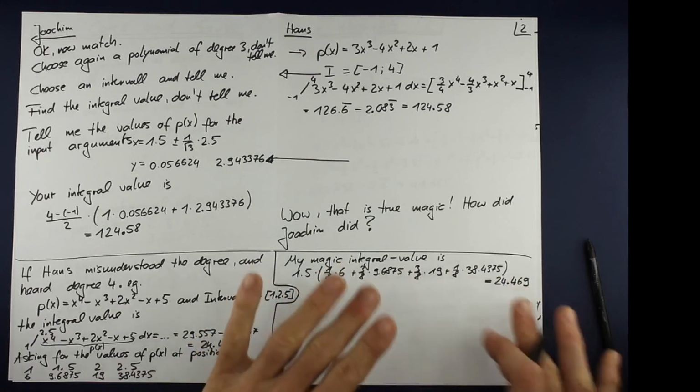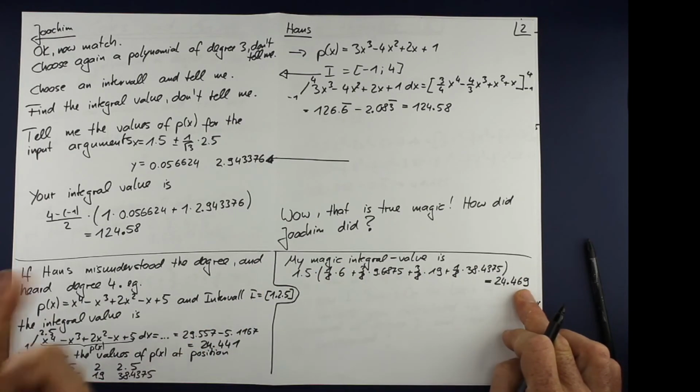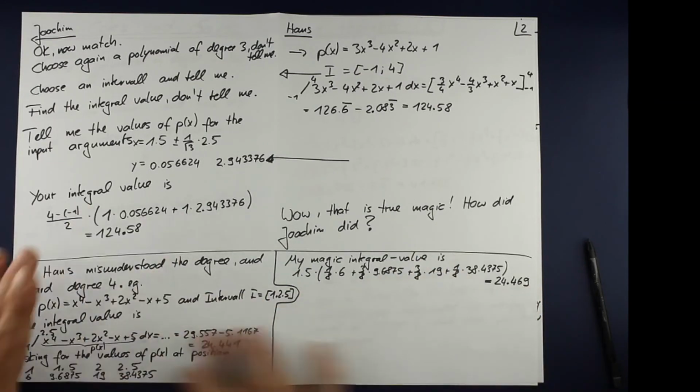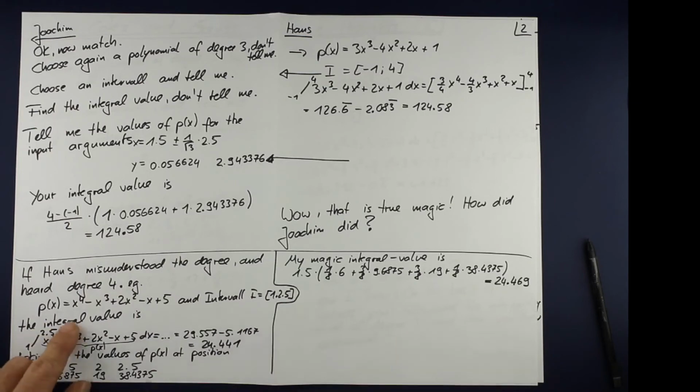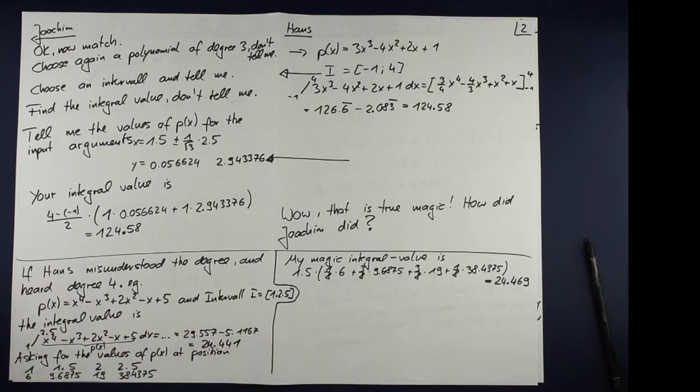I say, no, I'm sure that this is the correct answer. He says, no, this is my value. And then maybe we are looking at what is wrong, and then I see, oh, Hans, you used the degree 4 polynomial. I told you that you have to choose a degree 3 polynomial. And then, okay, this would be the misunderstanding.